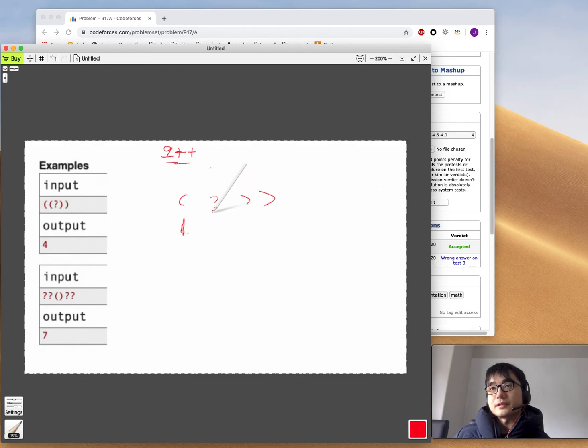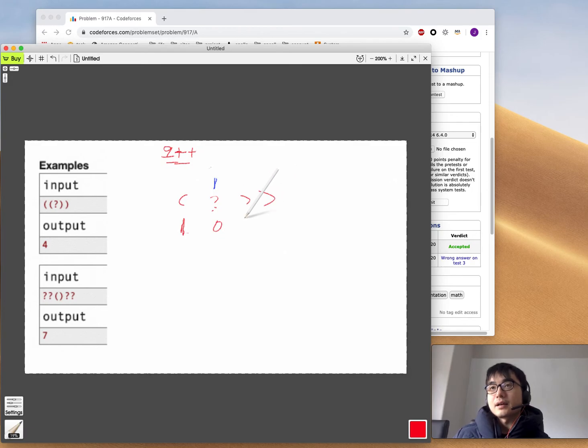And for the second character, we decrease the left counter by 1 because we put a right parenthesis here first. And when we get to this point, at here we got a question mark, so we increase the question mark counter by 1, right?